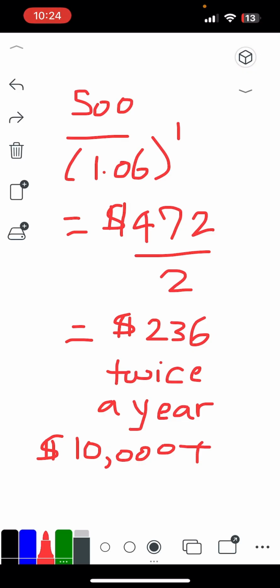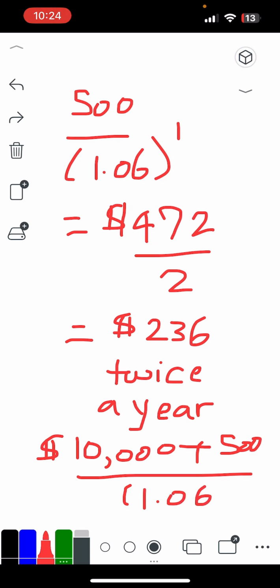So let's say 10,000 plus 500, and divide this by 1.06, raised to 2, for the second year.